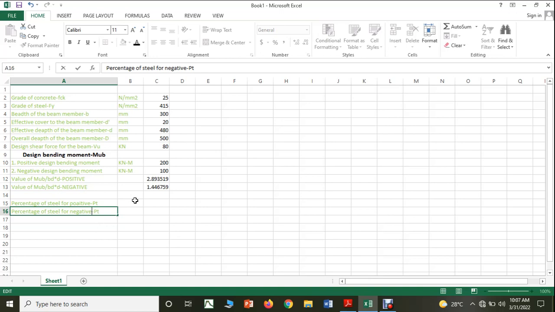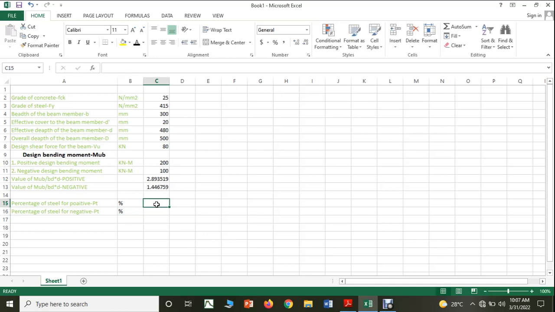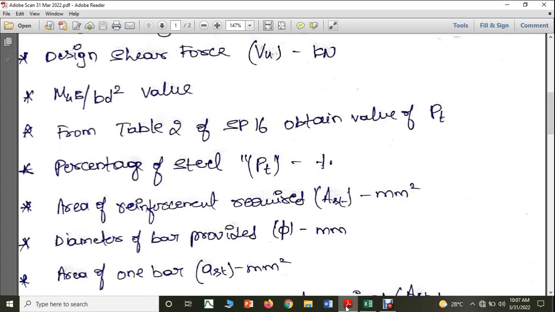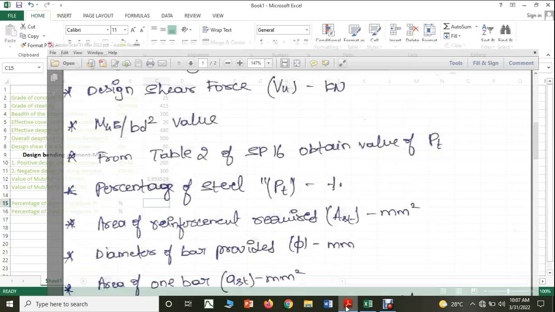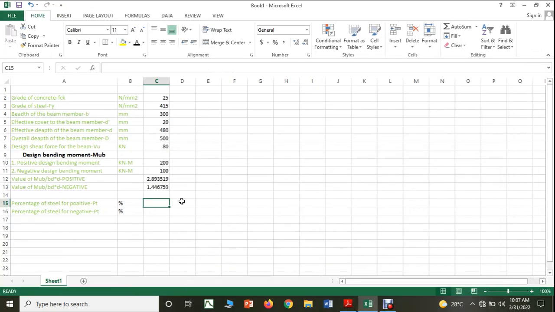It will be in the form of percentage, so this will be percentage and this will be percentage. You give the value from the table. Just for the sake of understanding, let me give 1.2% as well as 0.8%.